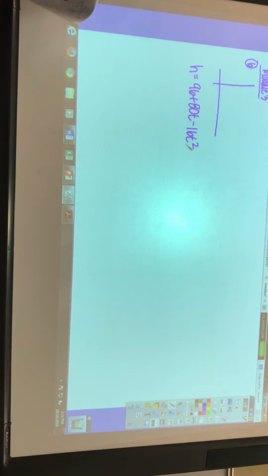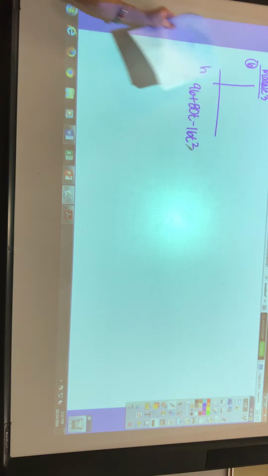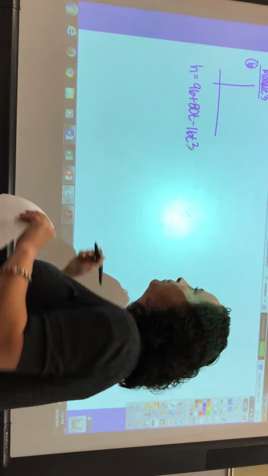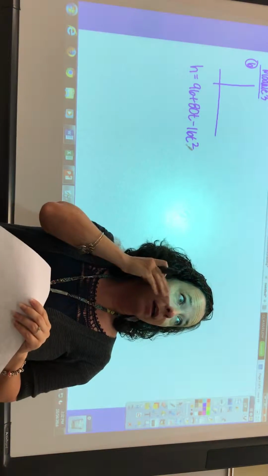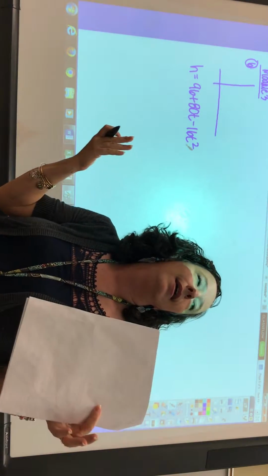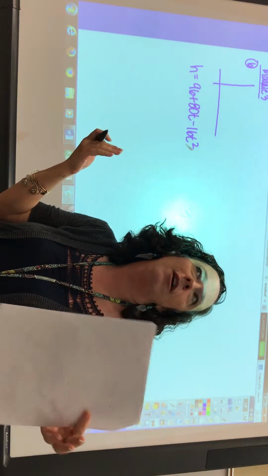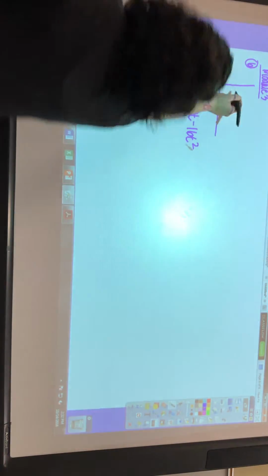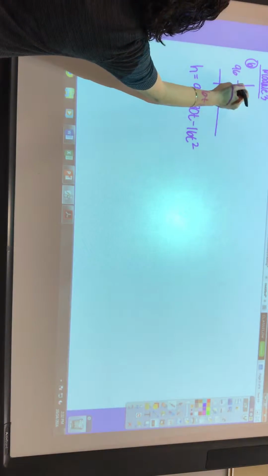How do I know how to sketch it? You would start at 96. Why? Because the tower is 96 feet tall and that's where he launches. And if you're not sure, you look at this. What is C? 96. So this is 96. Good. You go like this.